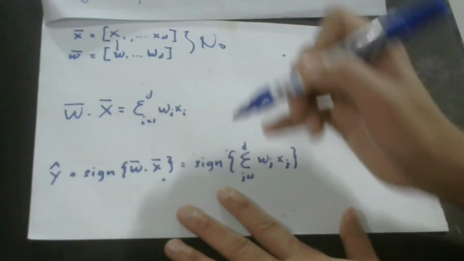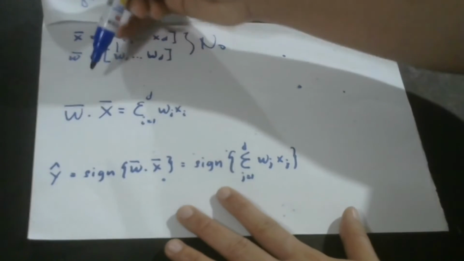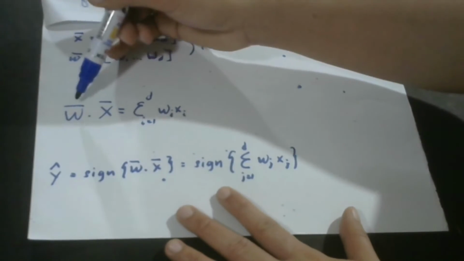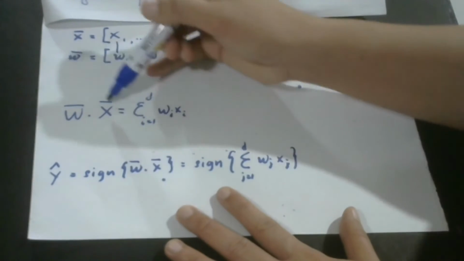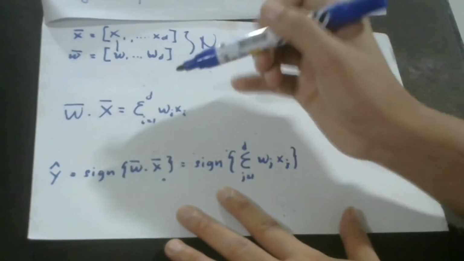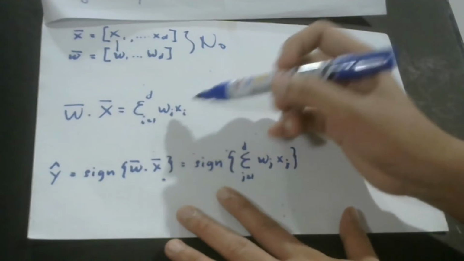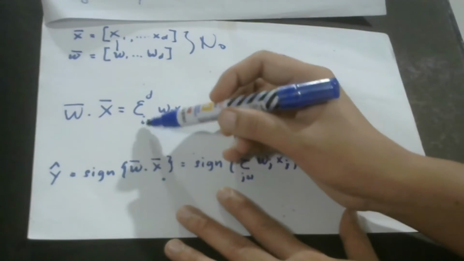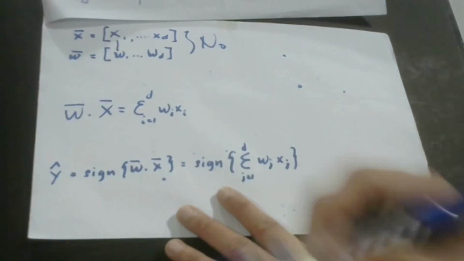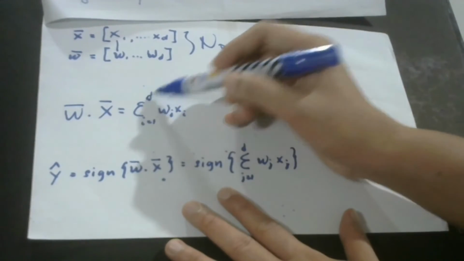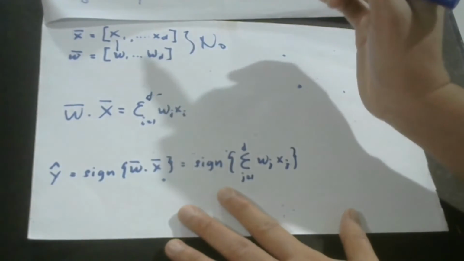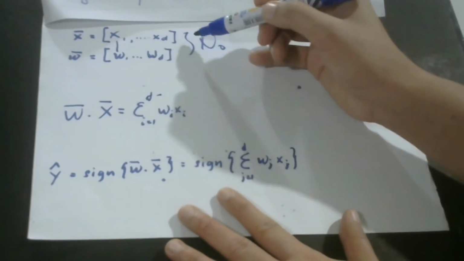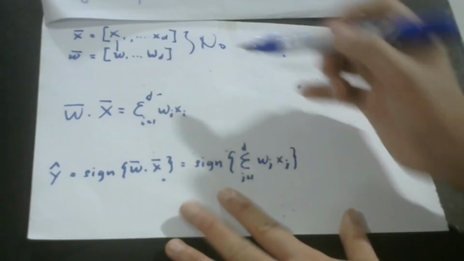The linear function is this: W prime times X prime, which is equal to the summation of Wi times Xi, from i equal to 1 to d. D here can be any number of transactions or the number of features and weights in this case.